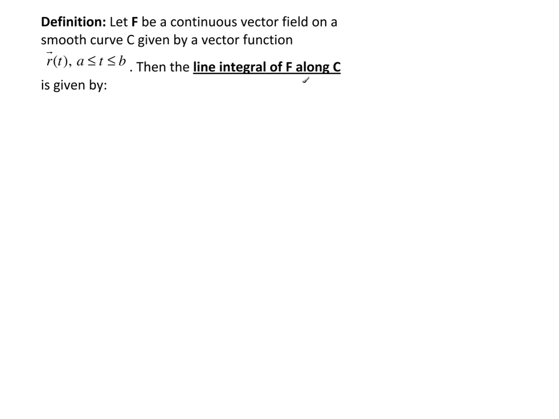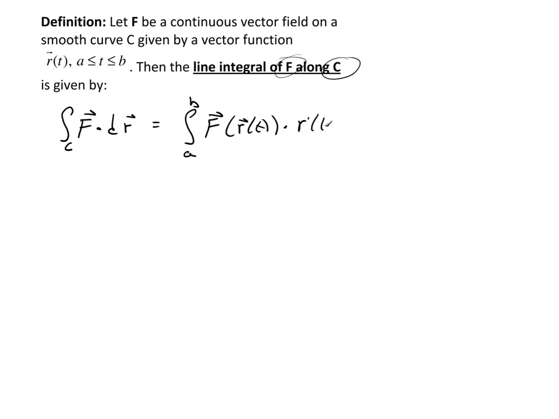Then the line integral of f along C is given by the integral along the curve C of f dot dr, and that is also equal to the integral from a to b of f of r of t dot r prime of t dt, which is equal to the integral along the path of that curve of f dot t ds.